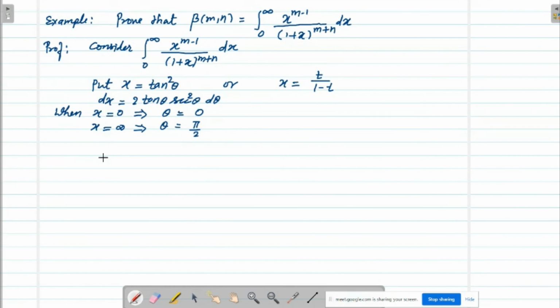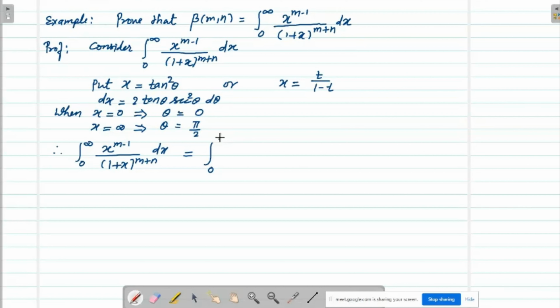So now change the limit. The integral of limit 0 to infinity of x raised to m minus 1 divided by (1 plus x) raised to m plus n dx equals the integral with limit changed from 0 to infinity to 0 to pi by 2.